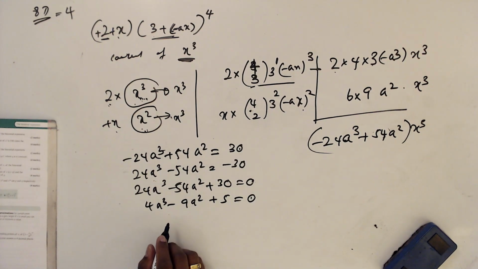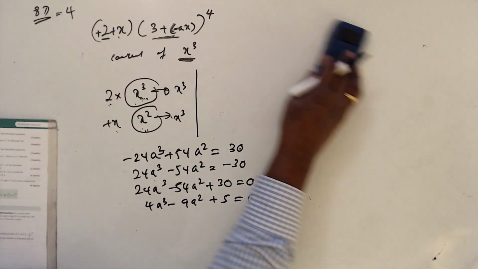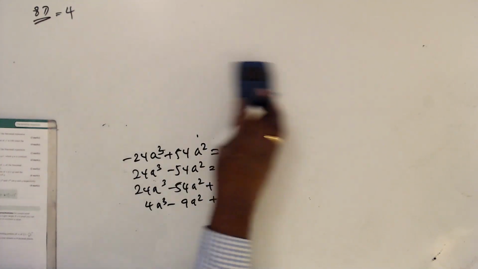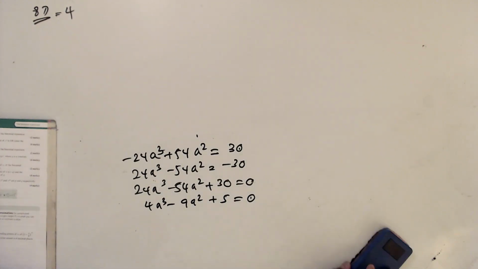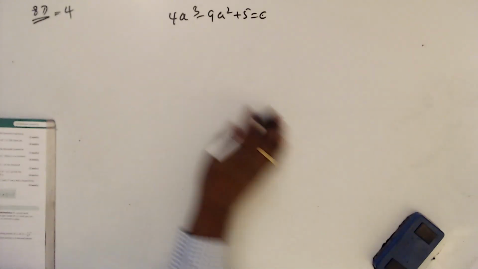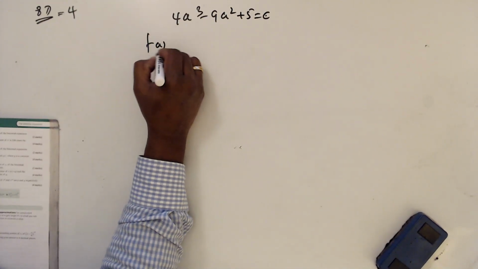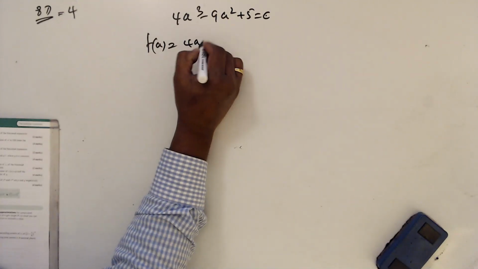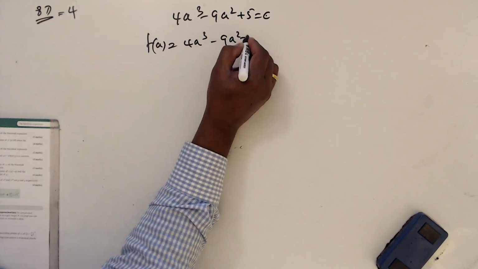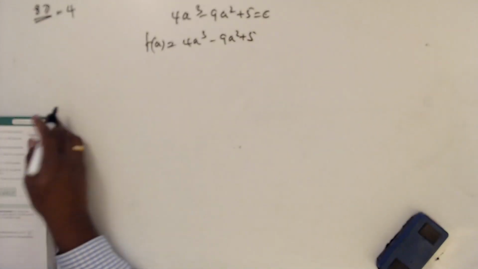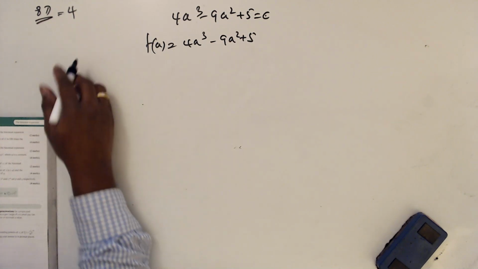Now we have to simplify this cubic equation. How do you solve this equation? I will take this as f(a) equals 4a cube minus 9a square plus 5. Now we have to try factorizing terms.